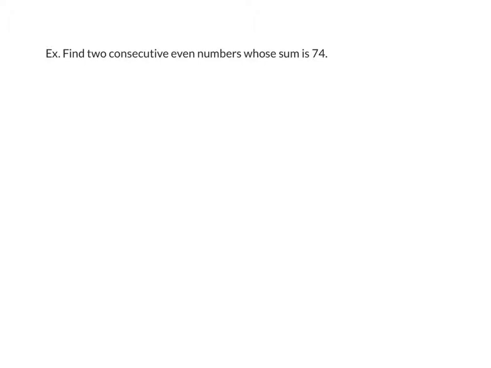Here's a sample problem that deals with consecutive even numbers. I'm supposed to find two consecutive even numbers whose sum is 74. So I'll let the first number be n.